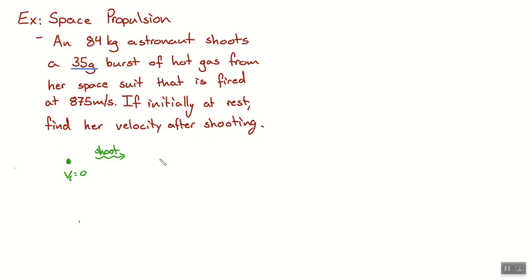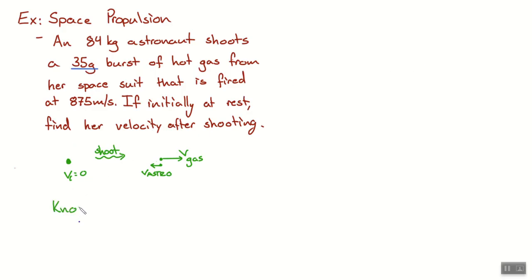We see the booster gas goes this way, and this is the velocity of the gas, I suppose, and then because conservation of momentum occurs, we must see that simultaneously the astronaut goes this way. So here we have a little picture to make sense of it. We're floating in space, shoots out the gas, apparently to the front of them, and they are repelled or recoiled backward. All right, so there's our situation.